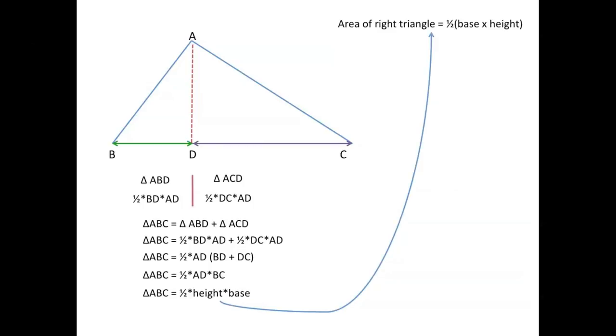But what about if we have an obtuse triangle, which is a triangle with one obtuse angle? Well, let's draw ourselves an obtuse triangle, and again label it ABC. And what I'm going to do is draw a line straight down from A and call that point D, and I'm going to line it up with BC.